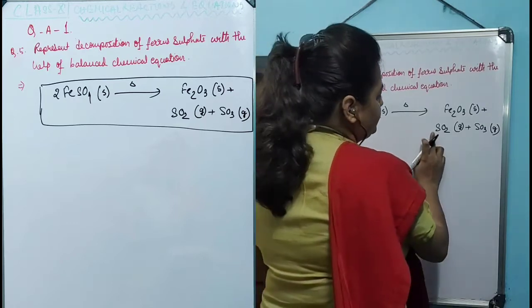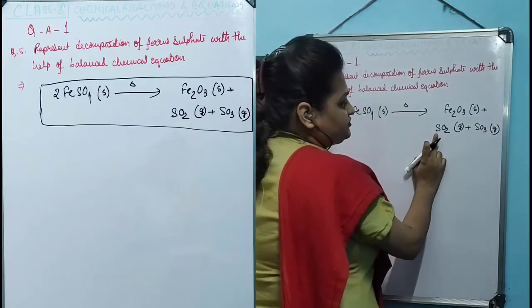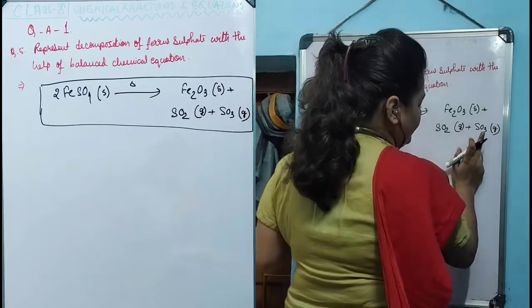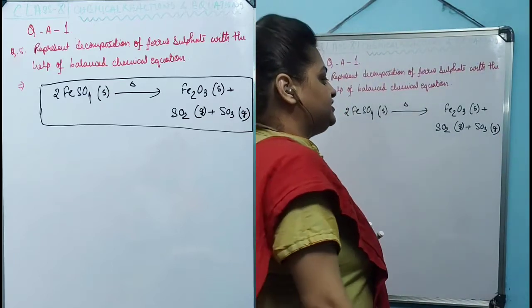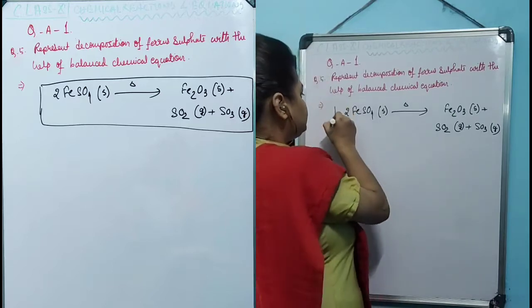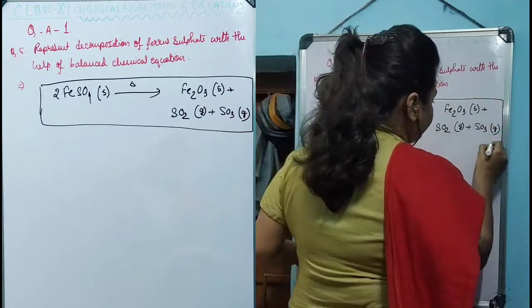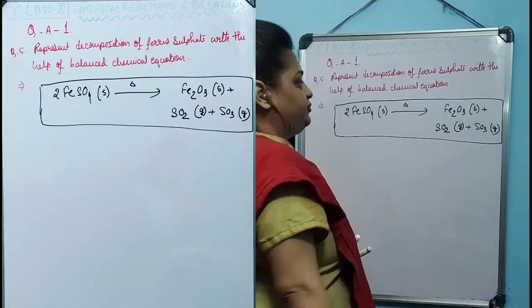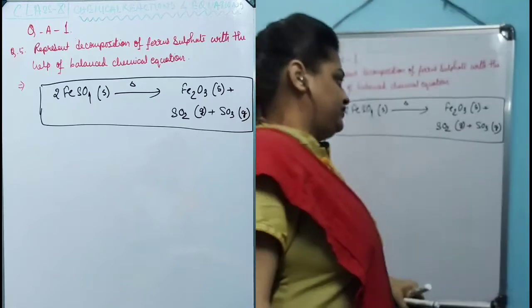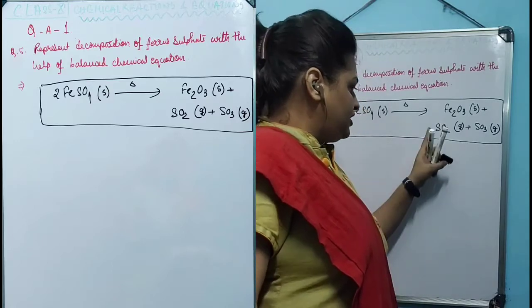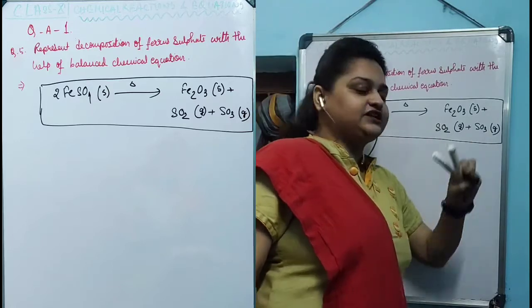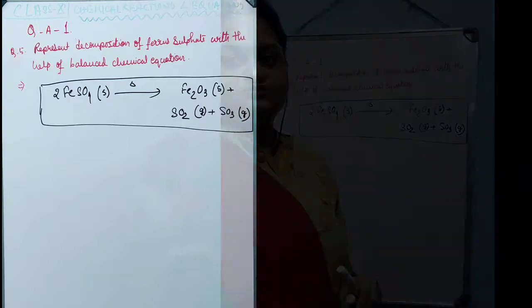On the right hand side there is 1 sulfur atom in SO2 and 1 sulfur atom in SO3, combining to a total of 2 atoms on the right hand side also. So this is the balanced chemical equation for the decomposition of ferrous sulfate, producing solid Fe2O3, ferric oxide, alongside sulfur dioxide gas and sulfur trioxide gas.